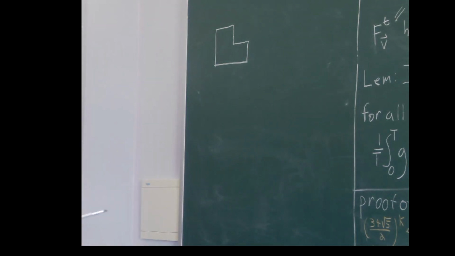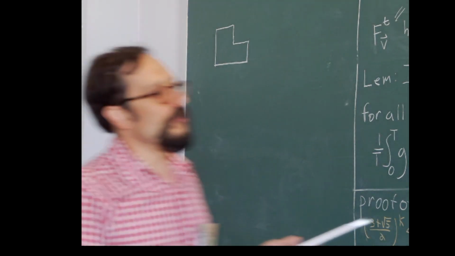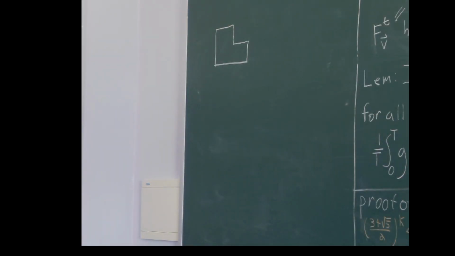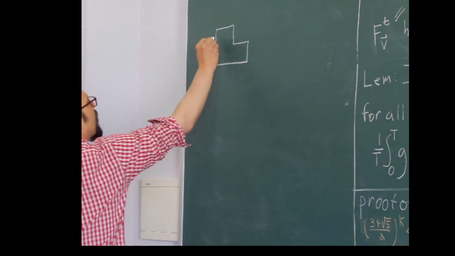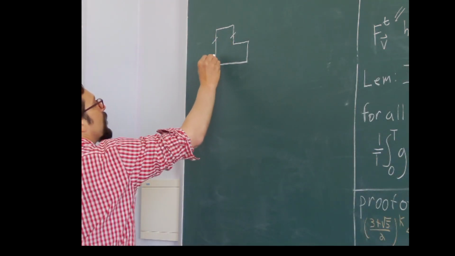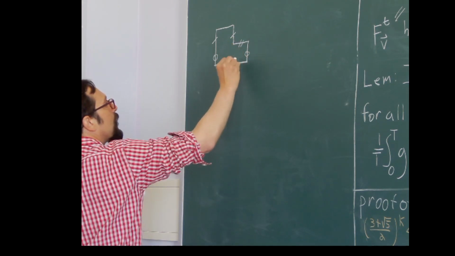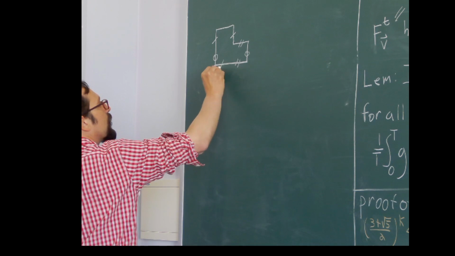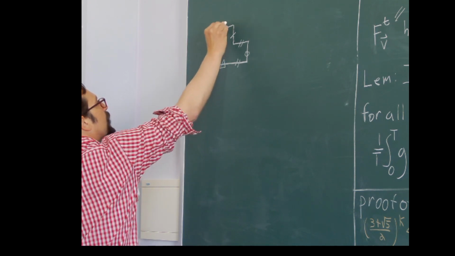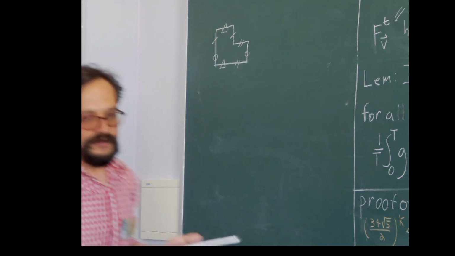I drew a picture of my torus before, and the opposite sides are identified. I want to build a new object, a genus 2 object, where opposite sides are identified. So I want to identify this side by translation to this side, this side to this side, this side to this side, and this side to that side.